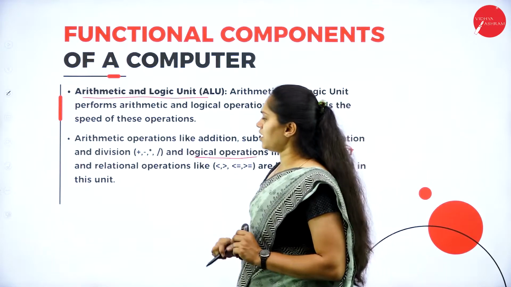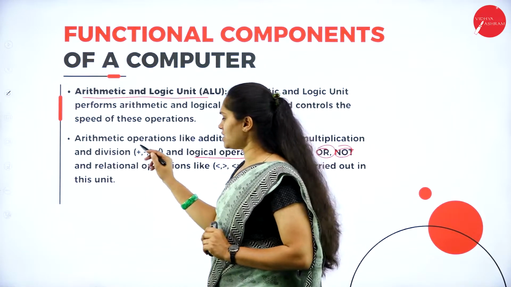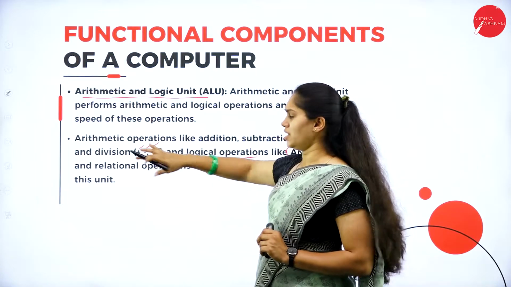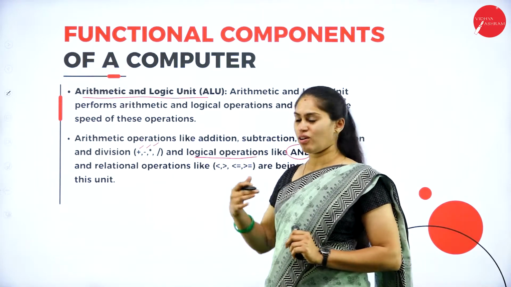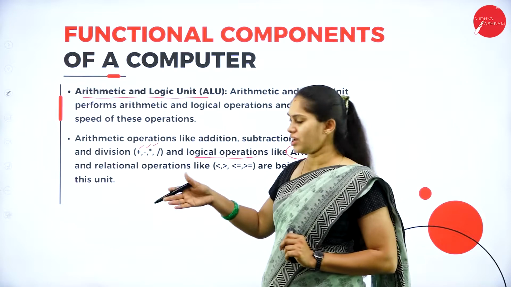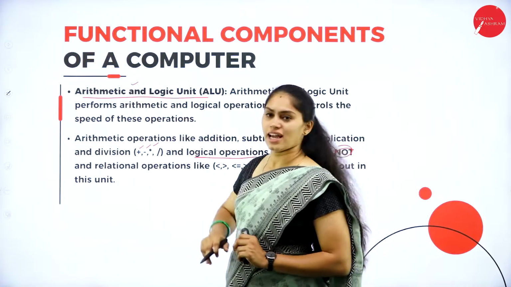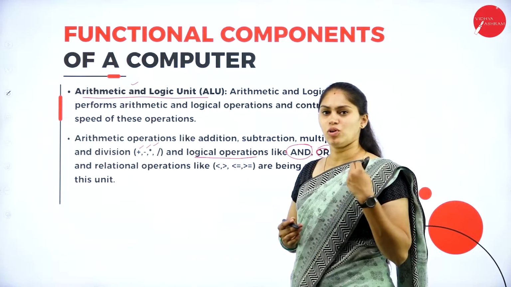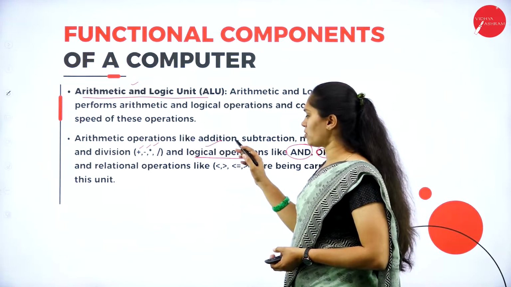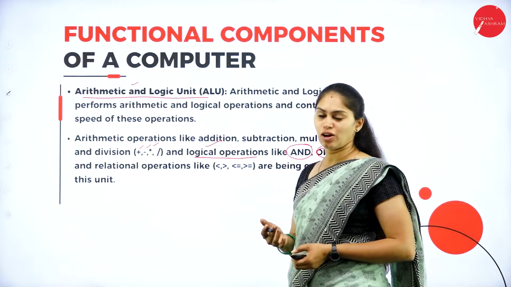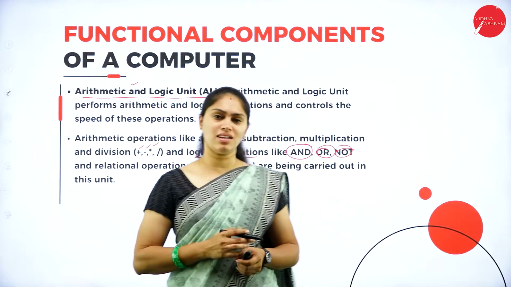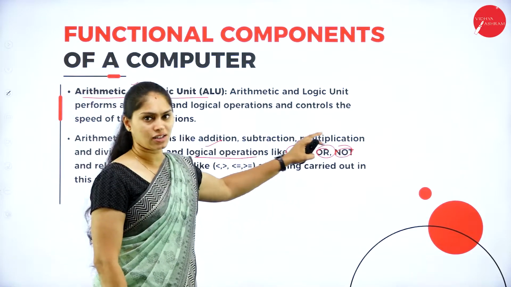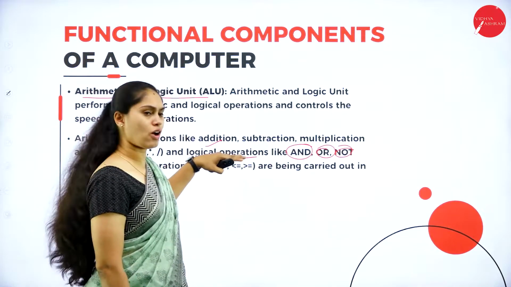If my input is based on any of these arithmetic operations, then that comes under the ALU. If I am doing programming with respect to logical operations, that also comes under the ALU. So and, or, and not are the operations under logical operations.